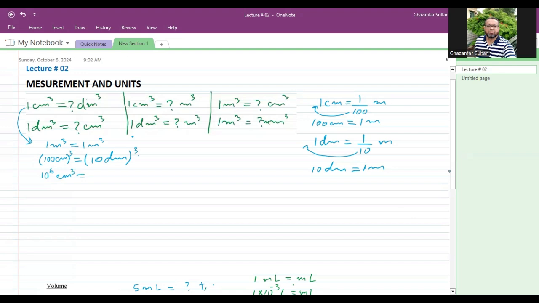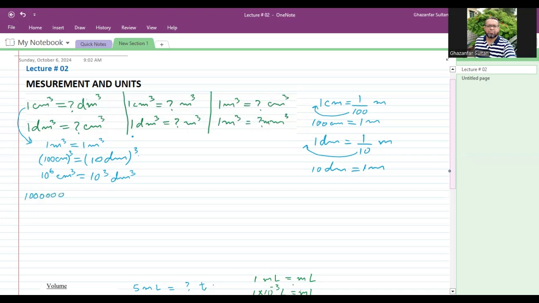So 10 raised to power 6 centimeter cube. Here, the cube of 10 is 10 raised to power 3, and it becomes decimeter cube. You can write it like this as well without exponential notation.